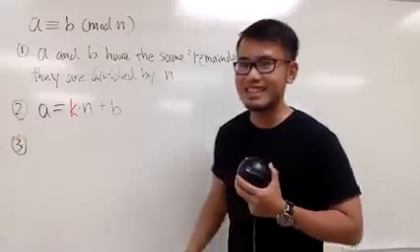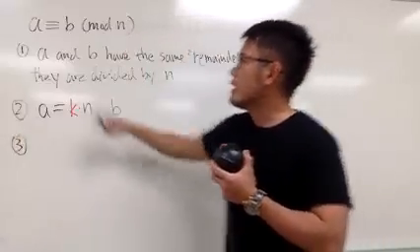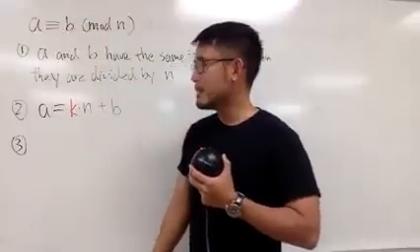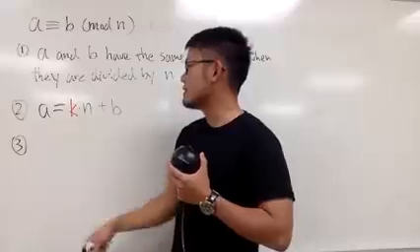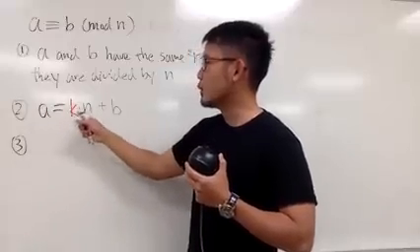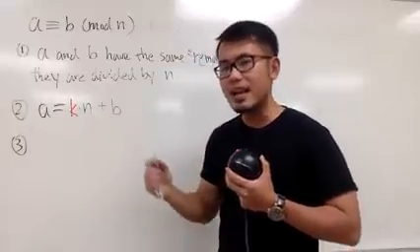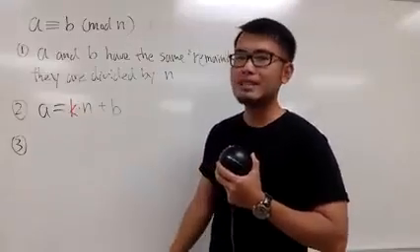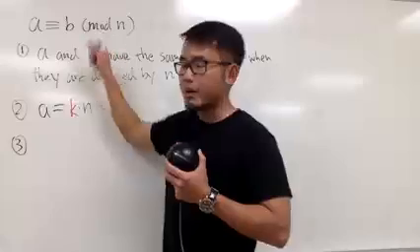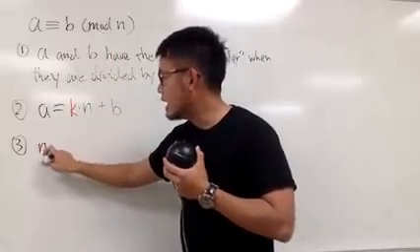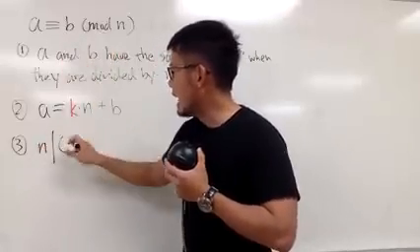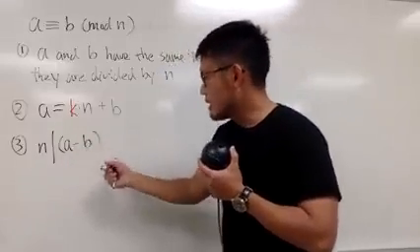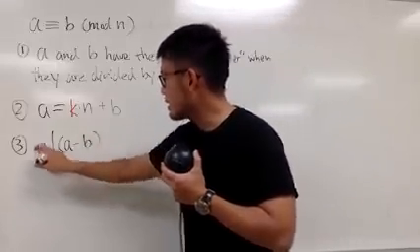The next thing is that I can just subtract b on both sides, right? And if you subtract b on both sides, you can see that a minus b is equal to k times n. In other words, a minus b is a multiple of n, right? So I can actually go from here and tell you guys that n divides into a minus b. Once again, this has a few ways to interpret it.